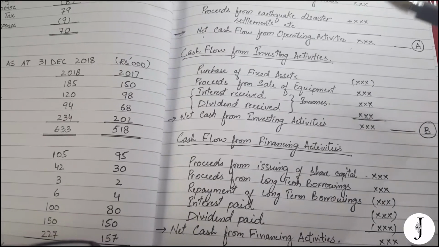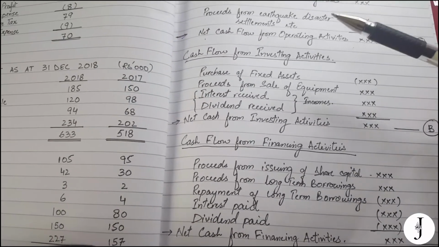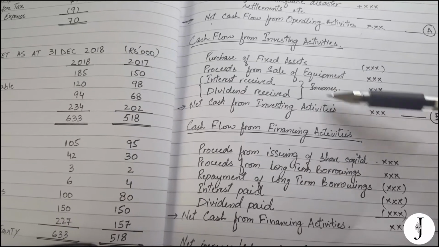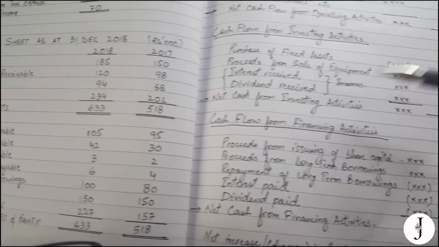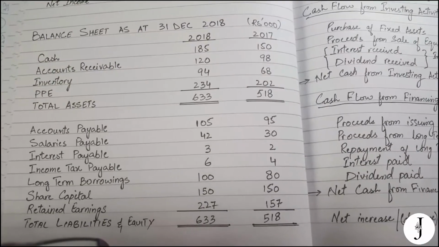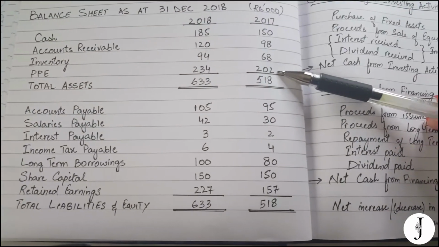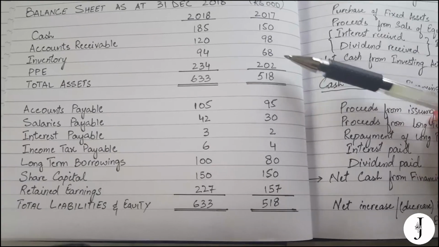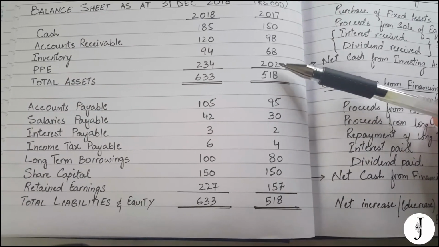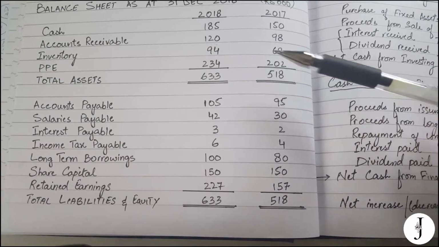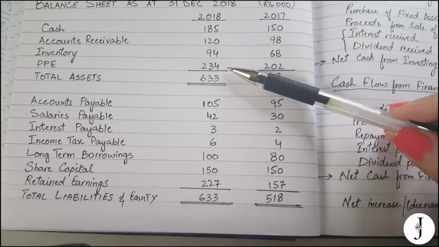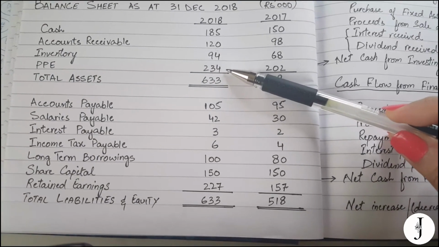So from cash flow format, we know that under investing activities all these items come. And when we look at our balance sheet, we come to know that we are given the fixed asset, property, plant and equipment. This is the prior year's closing balance, which will become the current year's opening balance.